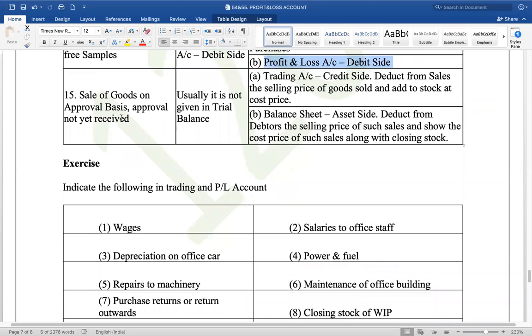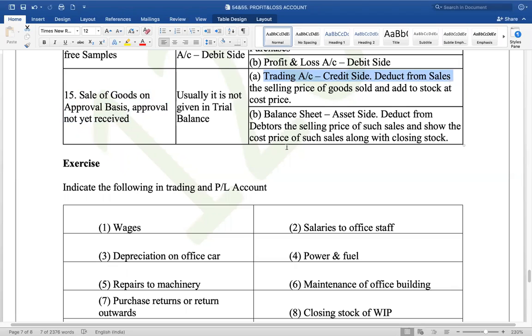Next is sale of goods on approval basis. If you did not receive the approval, then, this is generally not appearing in the trial balance because this is additional information. In that case, you will take this particular item on the credit side of the trading account, and this is a deduction from the sales.